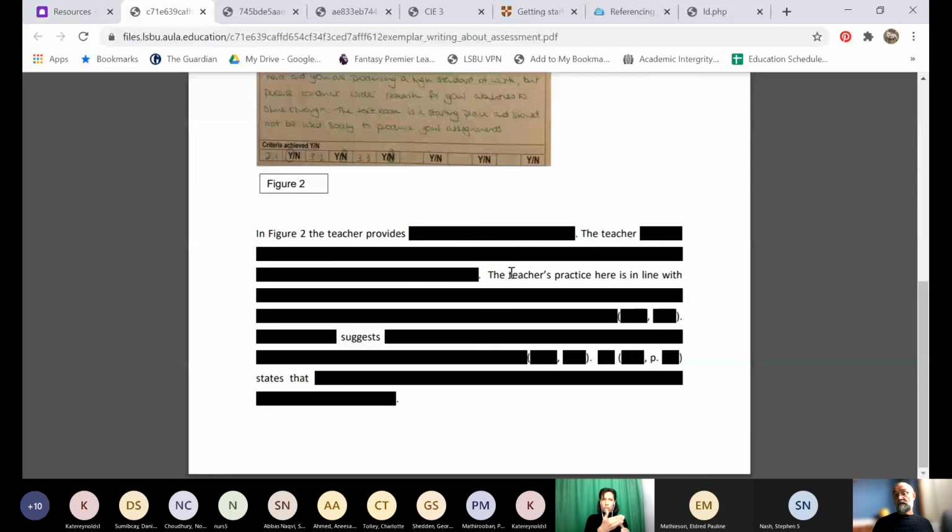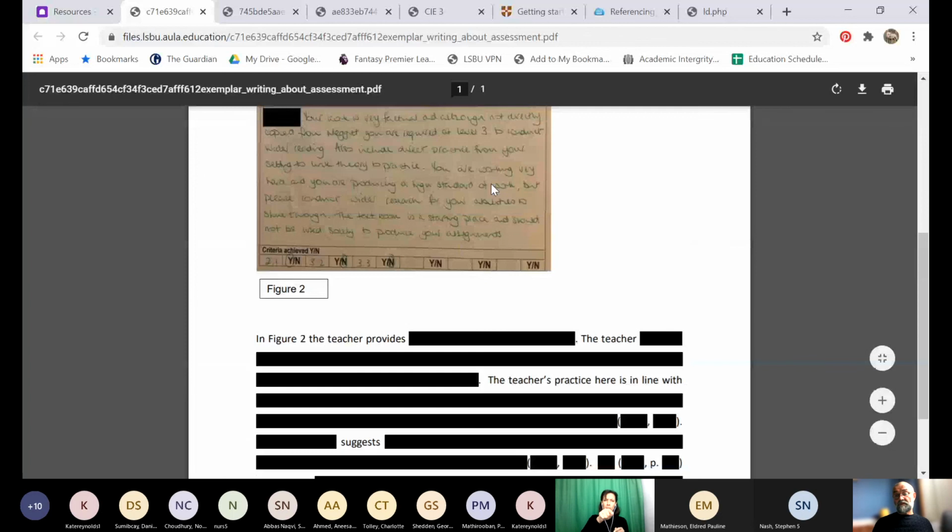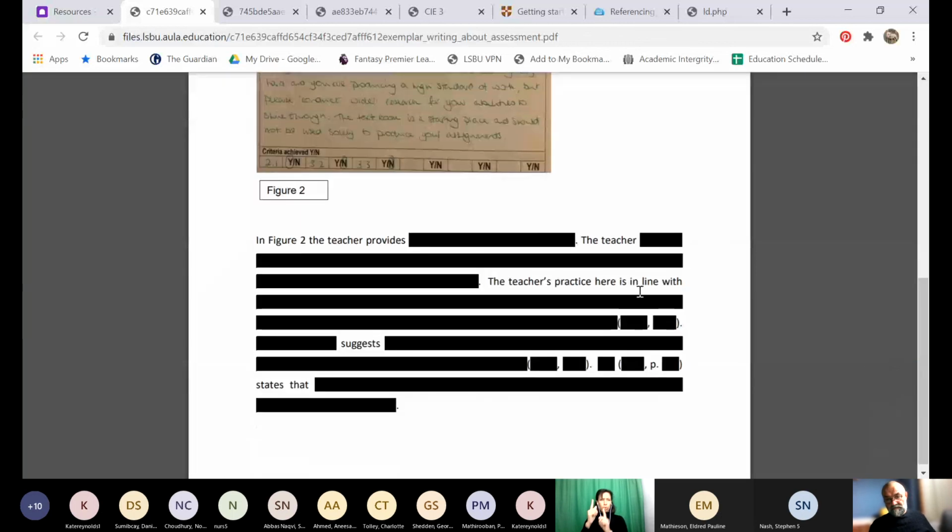So the student here is describing what the teacher has done with this example. And then this is a key phrase for you. The teacher's practice here is in line with good practice. That's what the student is about to write about. They're making a comparison between what they see in the example and what the literature about summative assessment or good assessment practice or assessment for learning says is good practice.